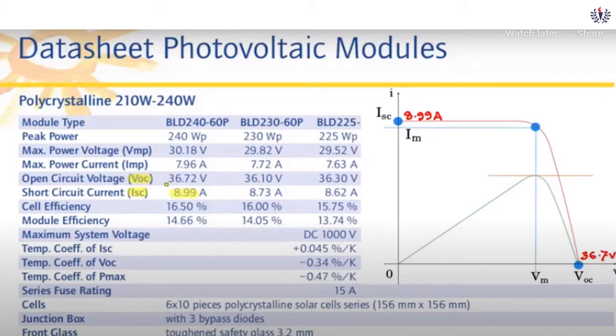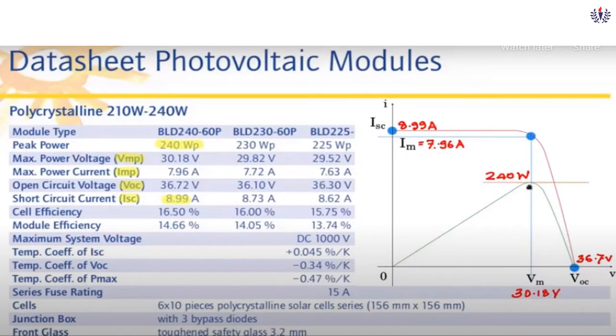When drawing the IV curve, the short circuit current is on the y-axis and the open circuit voltage on the x-axis, and the peak power can also be mentioned. As I said, the peak power for this particular cell is 240, and the peak current 7.96 can be marked on the y-axis, and the open circuit voltage is 36.72.